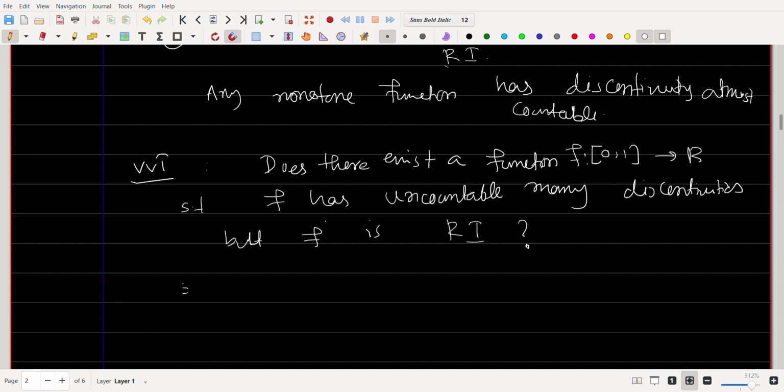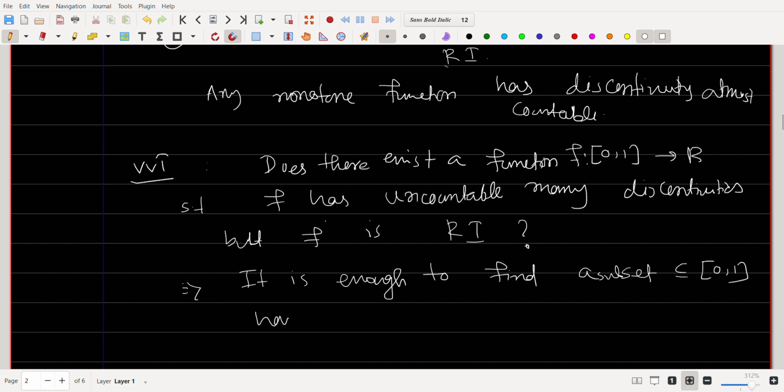It is enough to find a subset of [0,1] having measure 0 and which is uncountable.